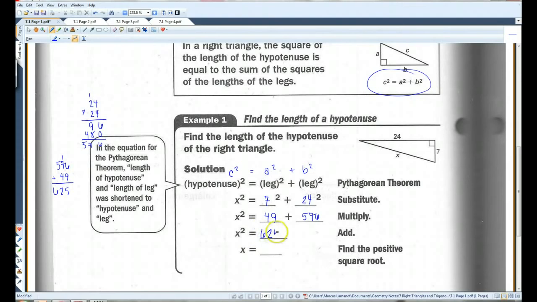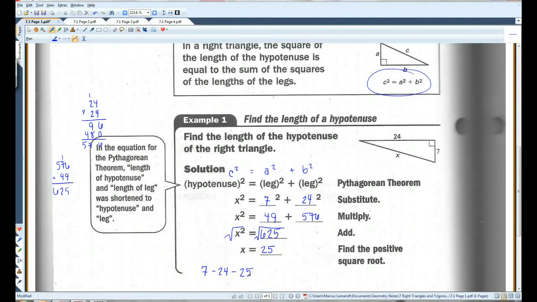Yep. Now, if you take the square root of 625, it is 25. Because 7, 24, and 25 are all three positive whole numbers, this would be considered a Pythagorean triple.